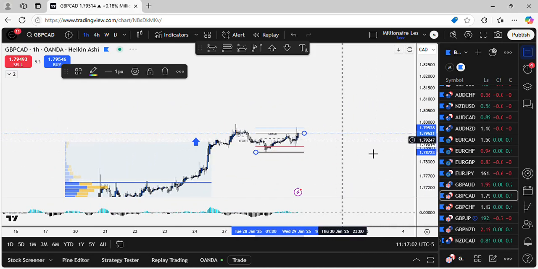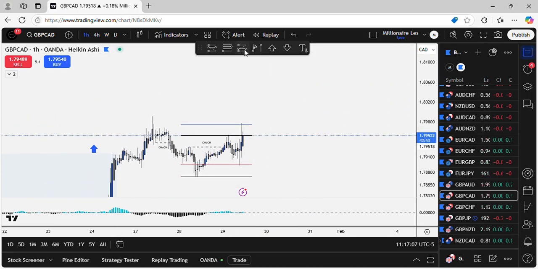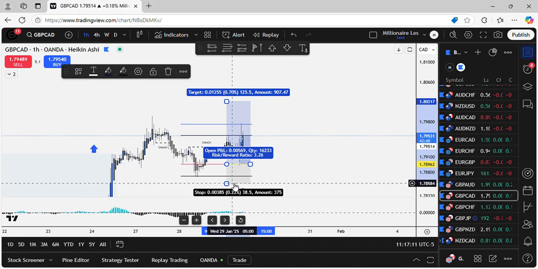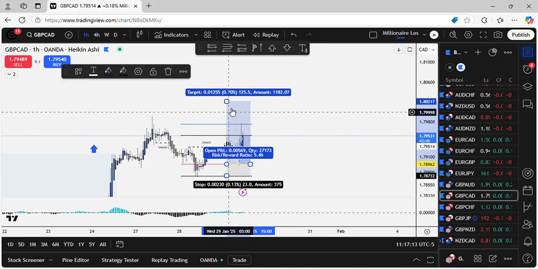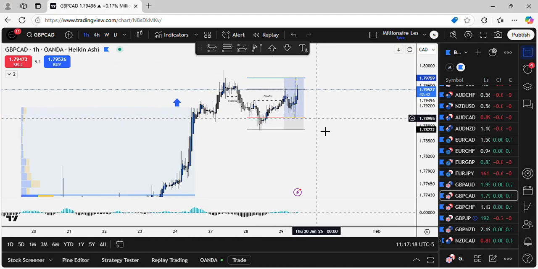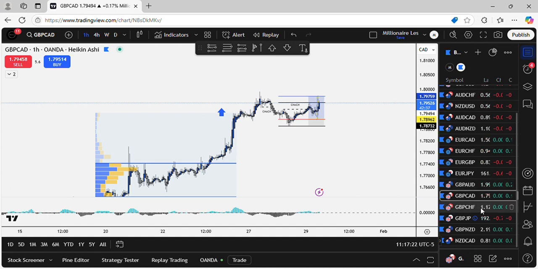Doesn't look like it to me. Yep, it did. So that could have been another potential trade, but I missed it. And I'm not going to try to get back into it because it already hit the negative 27 extension. So that's another potential that didn't pull all the way back.